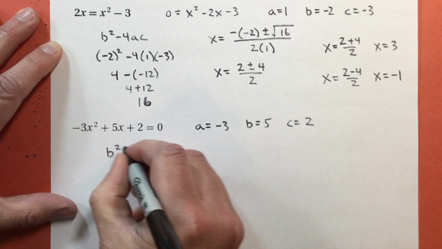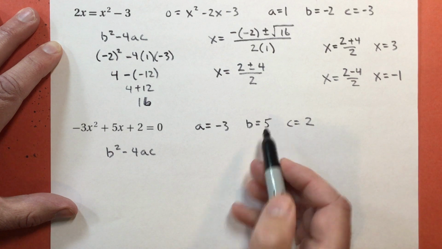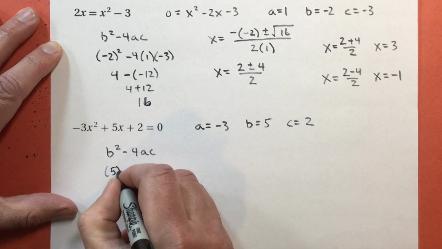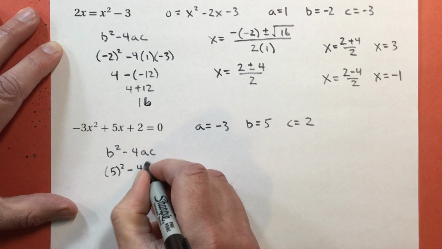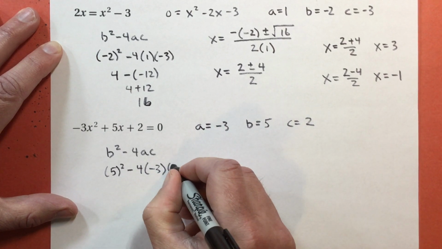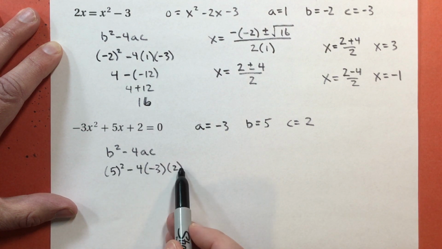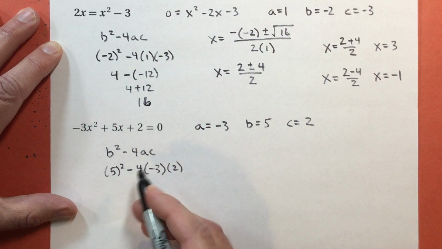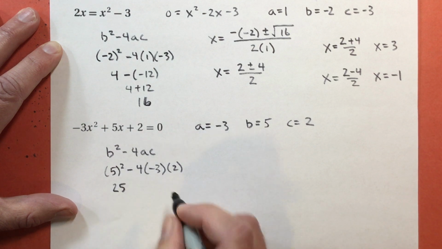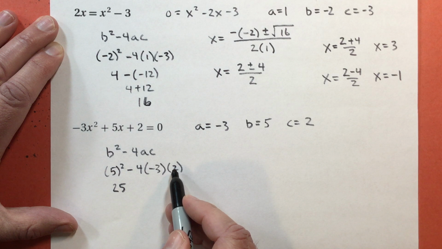First I find my discriminant, that's what we call it. B is 5, so I write 5 to the second power. Subtract 4, my a is negative 3, and my c is 2. Square this, multiply all these, and then subtract. 5 to the second power is 25. 4 times negative 3 is negative 12, and negative 12 times 2 is negative 24.